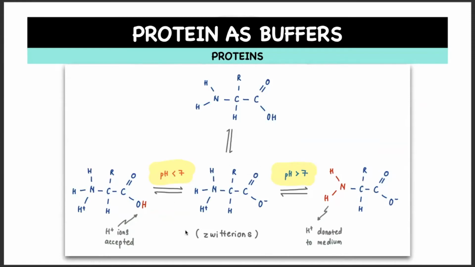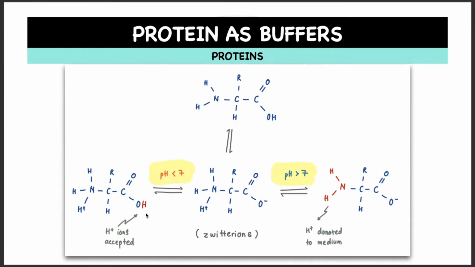When it is in a state of zwitterion, depending on the pH, I will start off with the acidic one. So acidic meaning pH less than 7, right? What happens in an acidic environment? There is a high concentration of hydrogen ions. So now, at high concentration of hydrogen ions in an acidic environment where the pH is lower than 7, the negatively charged carboxyl group, meaning this part here, accepts a proton.